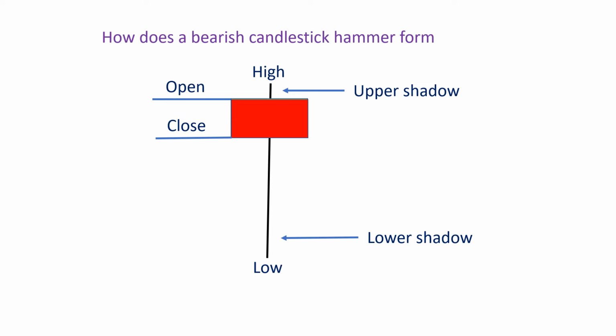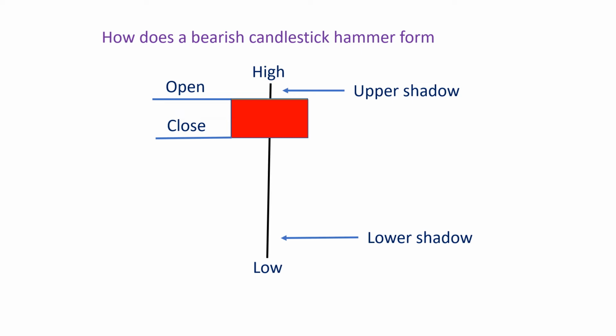So we conclude that a hammer is a single candlestick pattern with a long lower shadow and a short body. If this candle, no difference bullish or bearish, appears at the bottom of a downtrend, it signals that the downtrend is near the end and a possible uptrend reversal.